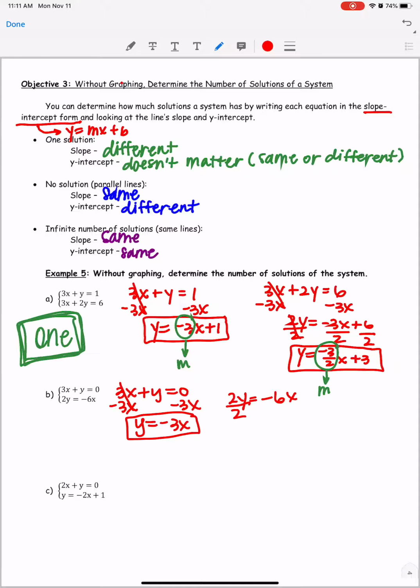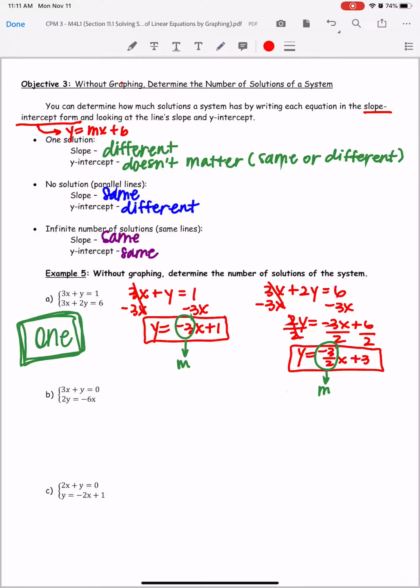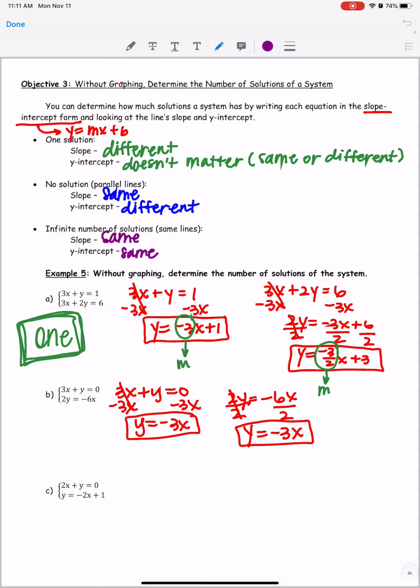Get y by itself by dividing by negative 2. So I've got y equals negative 3x. Because this one is the same, exact same on both of these, this one is your infinite solutions.